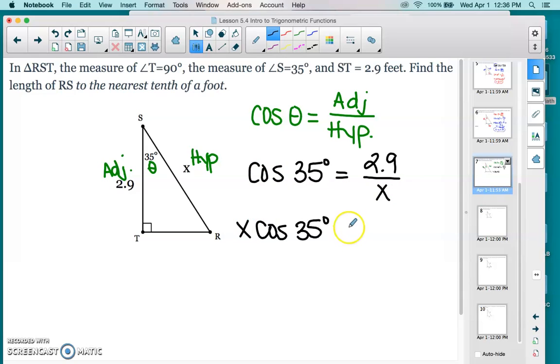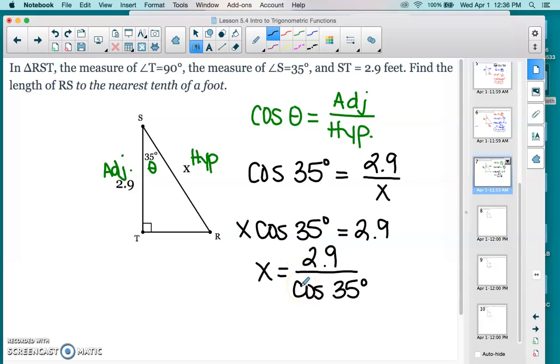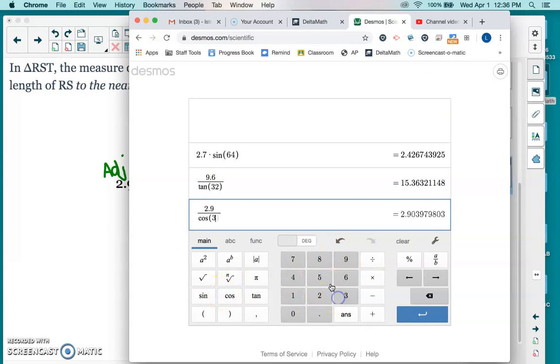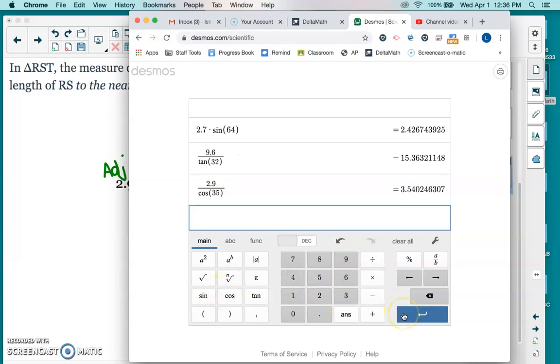So you have x times cosine of 35. Divide by cosine of 35. And type in. So 2.9 divided by cos 35. Looks like 3.5.